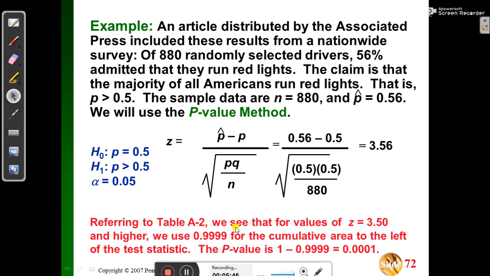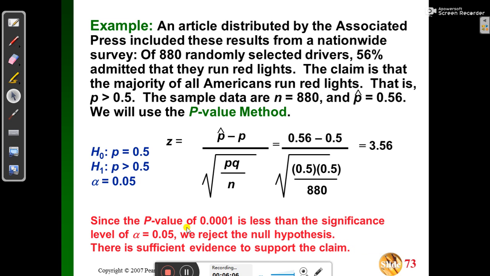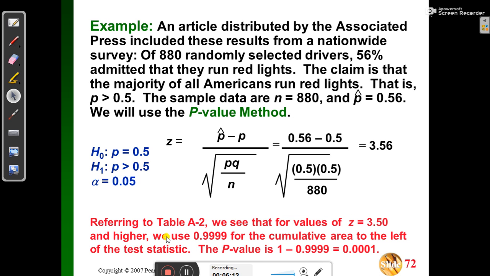Referring to Table A-2, we see that for z equal to 3.50 and higher, we use 0.9999 for the cumulative area to the left of the test statistic. The p-value is 1 minus 0.9999, which is 0.0001.